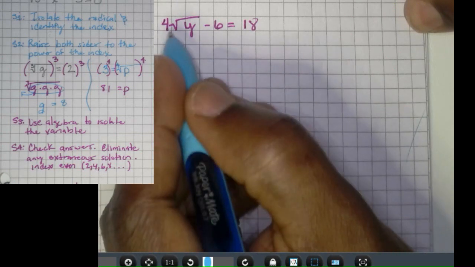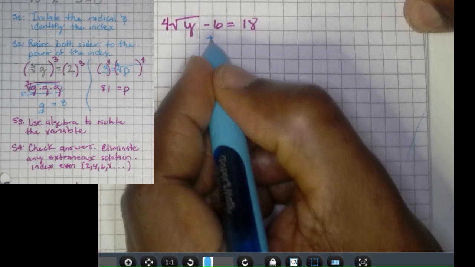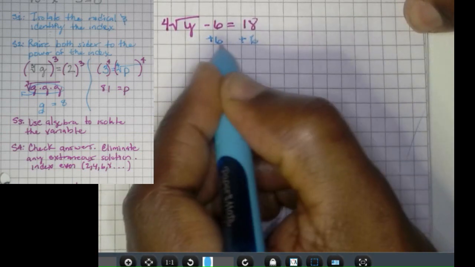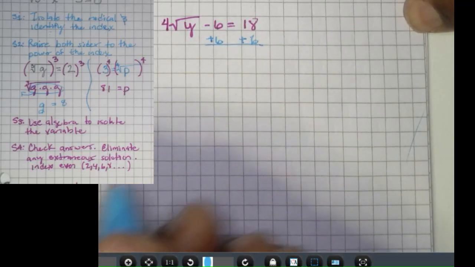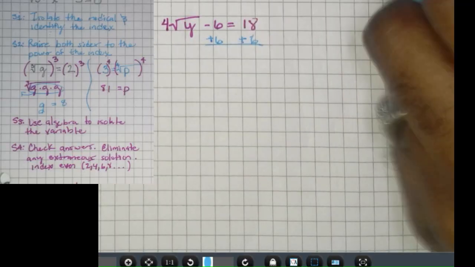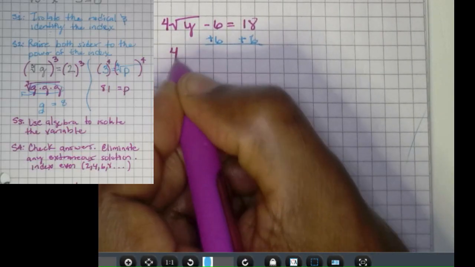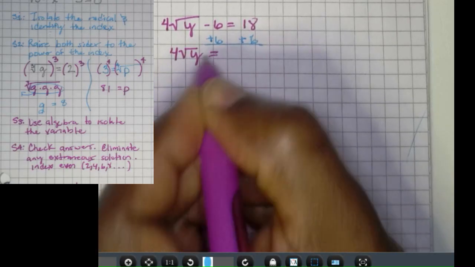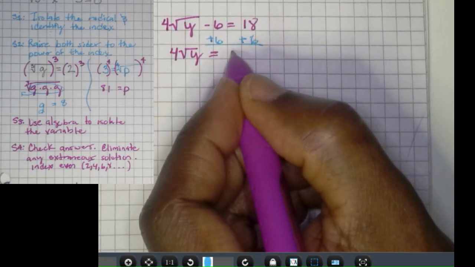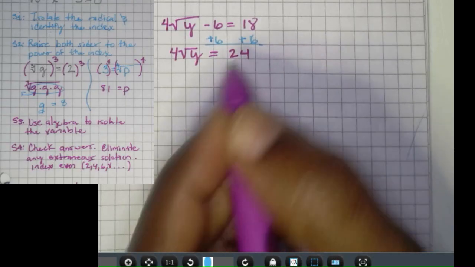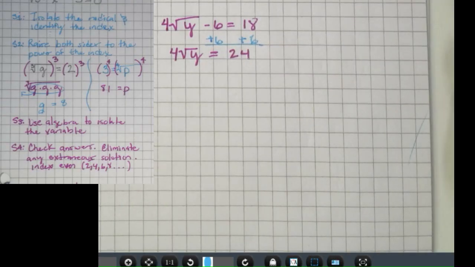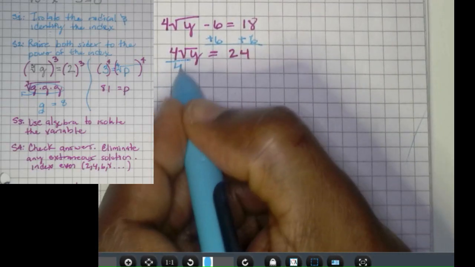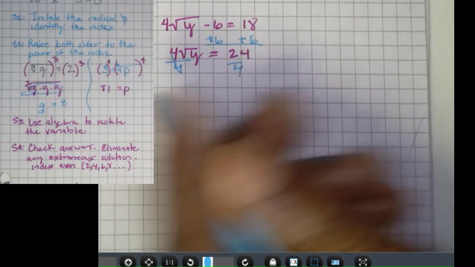Well, you have a coefficient and a constant. In that case, you always move your constant first. Coefficients always last. So we end up with 4 square root of y equals 18 plus 6, which is 24. Now we divide both sides by 4 to isolate that radical.